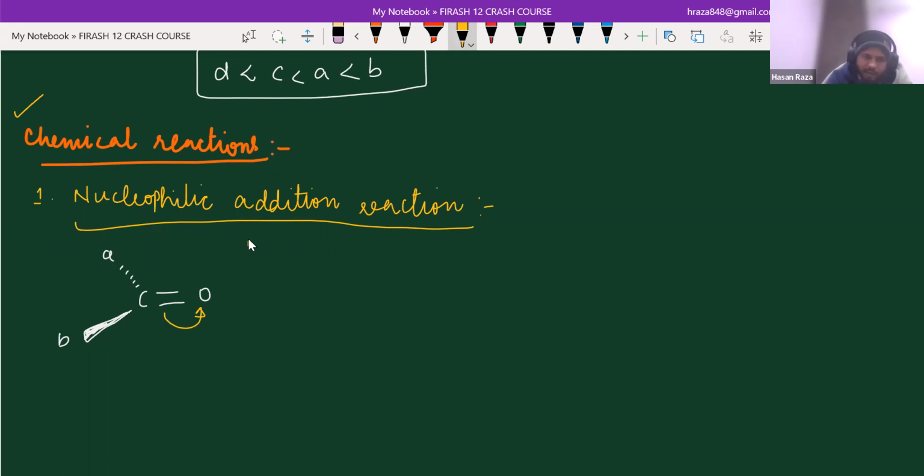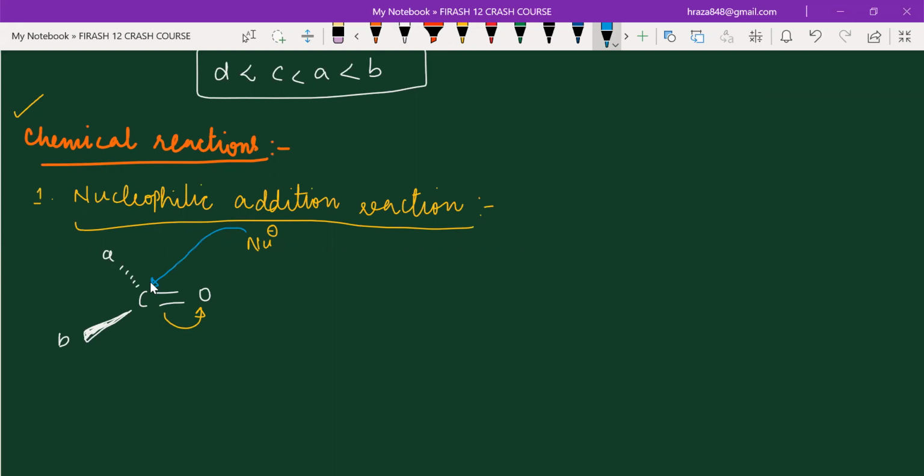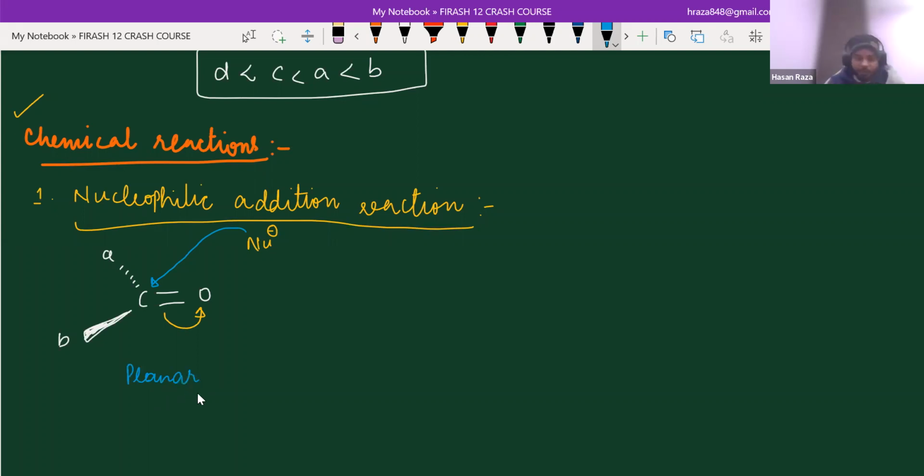And there will be a nucleophile waiting for this movement so that it can attack the electrophilic center, which is going to be at carbon. Are you getting my point? You also know that this compound is planar because it has sp2 hybridization, right?